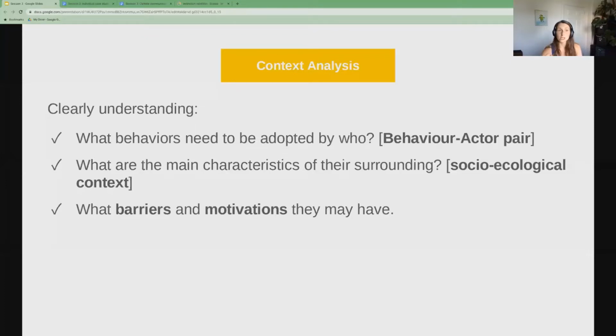Is it not accessible to them? Is it too costly? And then also, what are the motivations? Are they mostly driven by money, or by social pressures? What motivations could we use to get them to change their behaviors?